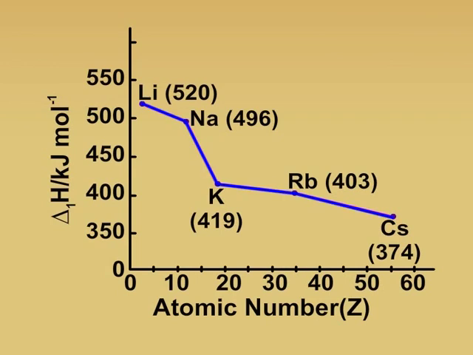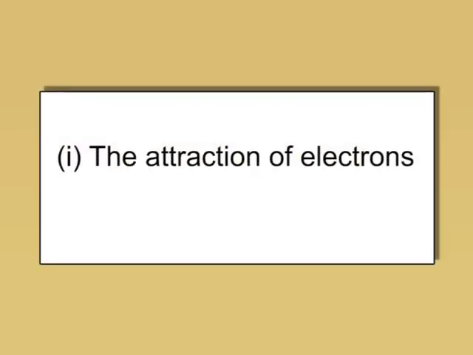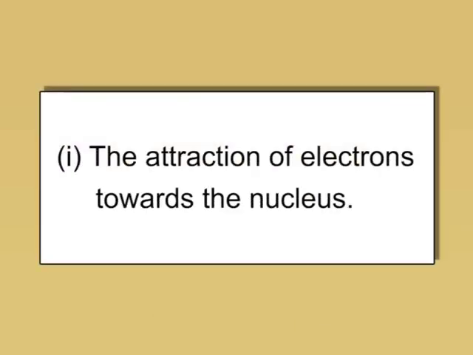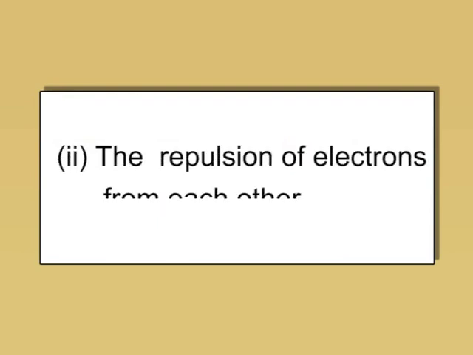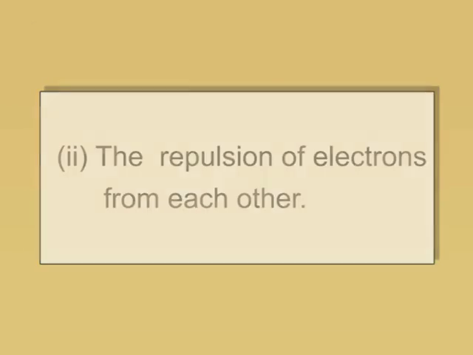You will appreciate that the ionization enthalpy and atomic radius are closely related properties. To understand these trends, we have to consider two factors. The first is the attraction of electrons towards the nucleus, and second, the repulsion of electrons from each other.